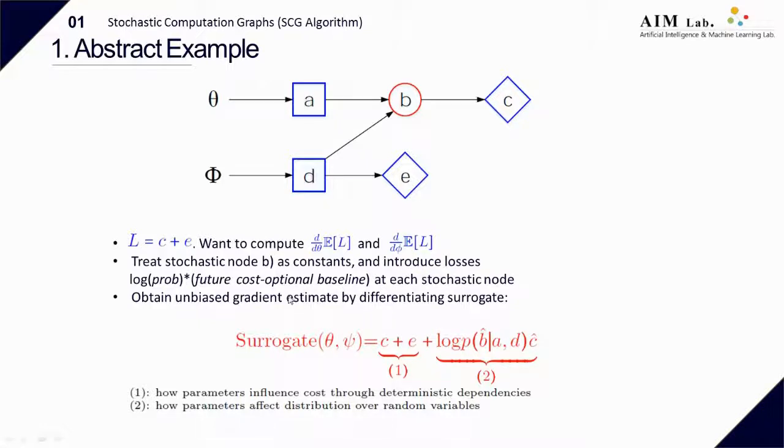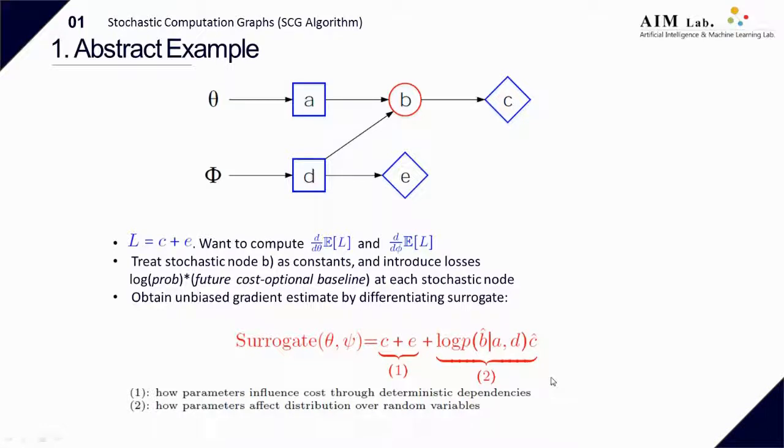It reduces the variance while it doesn't affect the mean of the gradient estimator in this model. So with the surrogate loss, we can obtain an unbiased gradient estimator by differentiating the surrogate loss.